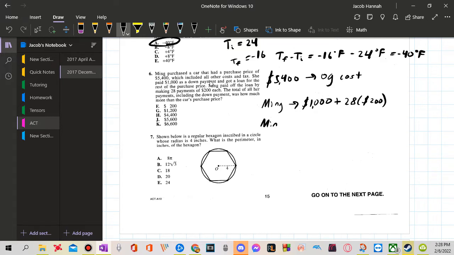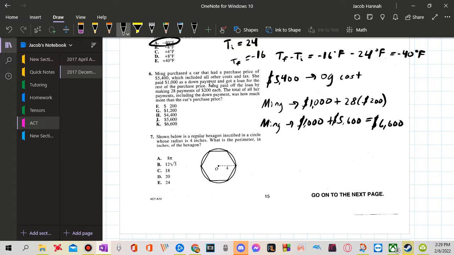So Ming spent $1,000 plus 28 times 200, that's $5,600. So $1,000, that's the down payment, plus how much she put in paying off her loan is 1,000 plus 5,600. So that's going to be $6,600.